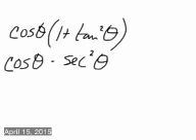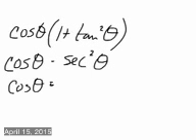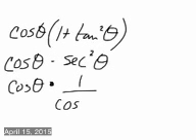Now, does anybody know what the secant is equal to? 1 over cosine. So if I had the cosine of theta times, since it's secant squared, 1 over the cosine squared, right?